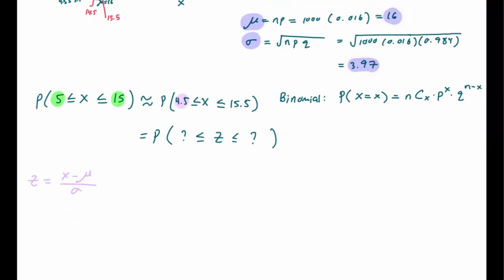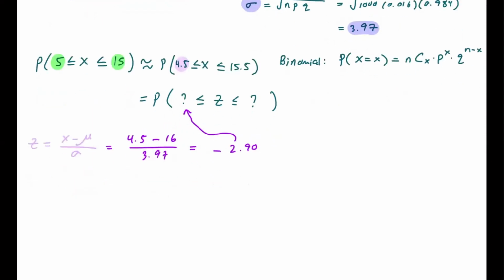So I'm going to substitute them and use the x value 4.5. This is equal to 4.5 minus the mean divided by sigma, 3.97. After you put this in your calculator, this will give you about negative 2.90. Okay, so that's the z value that goes here.